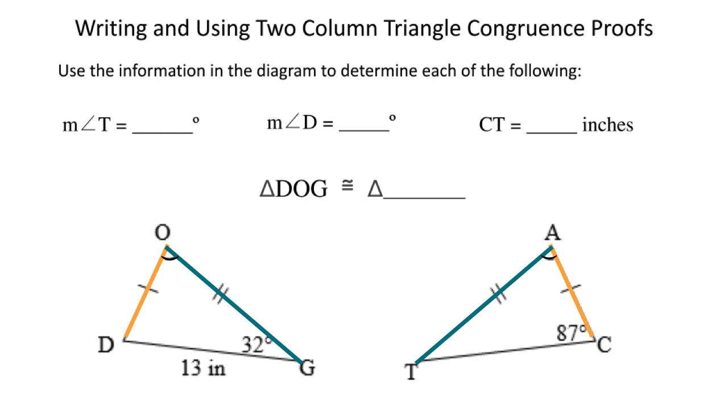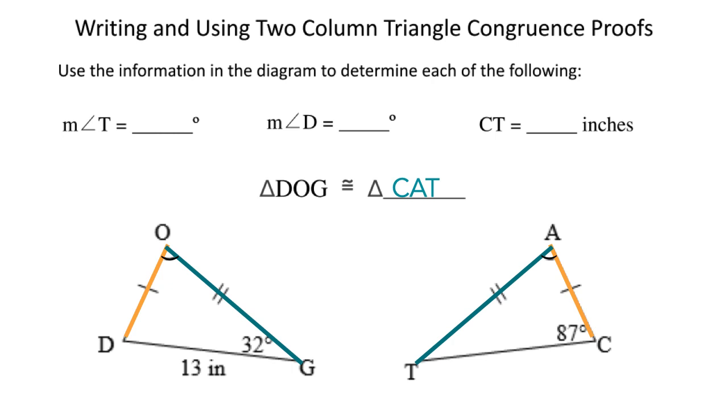So we could use side angle side and complete that congruence statement: triangle DOG is congruent to triangle... Now the order of the letters matters. To go from D to O to G, I've gone up the side with one tick mark, down the side with two tick marks, so it is congruent to triangle CAT.